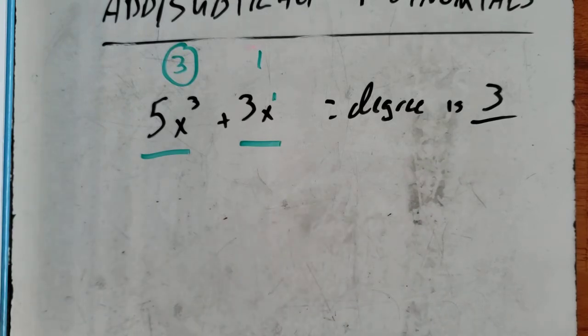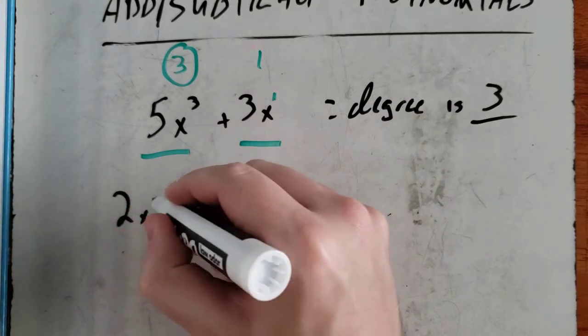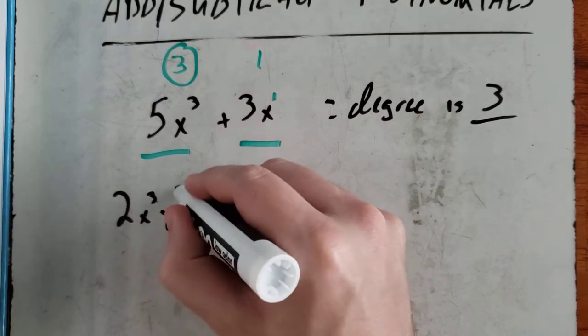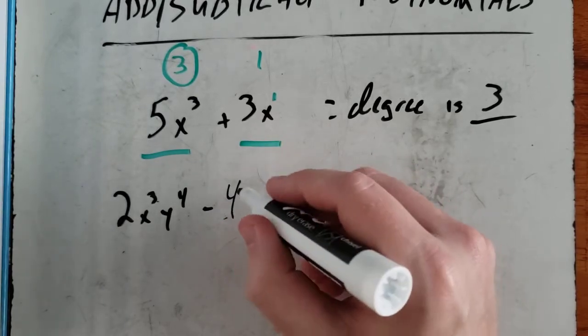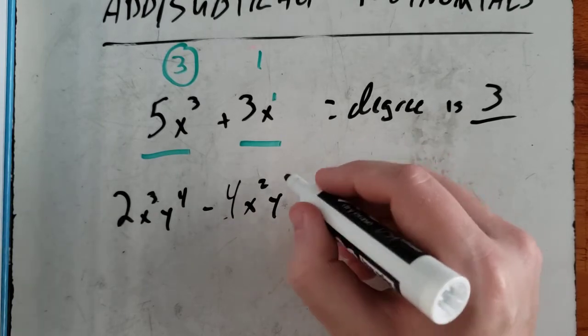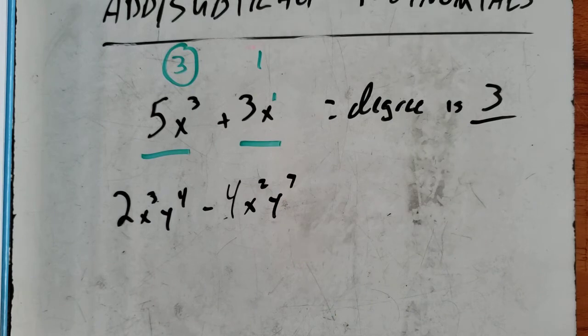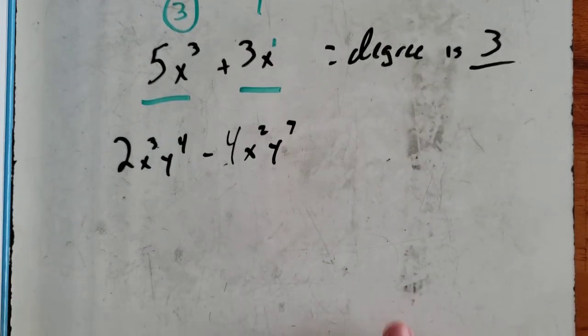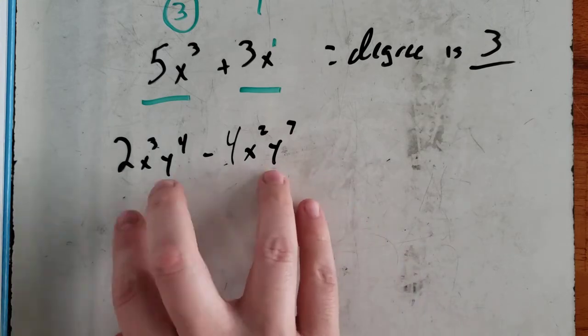Let's give you another one. 2x to the third, y to the fourth, minus 4x to the second, y to the seventh. Now, once again, we're only looking at the exponents of our variables.